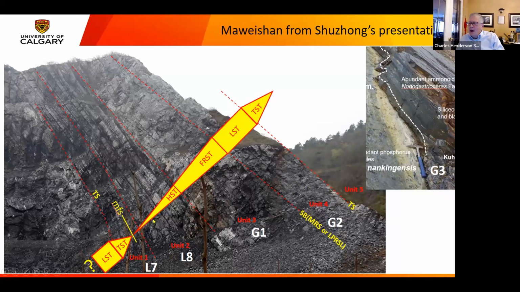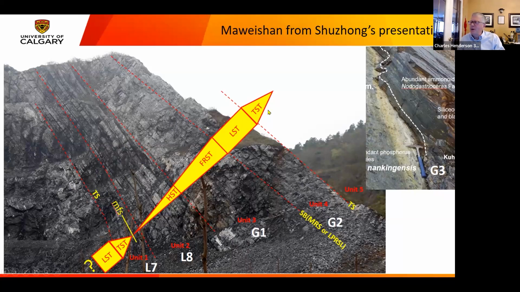And then you can see that this unit is a very interesting unit. This is a unit that you can see that there's some major transgressions. Chuan Fun, who I've known for many years, I think we should sit down and maybe you could move these boundaries just slightly in here, but he's got a lot of jargon in his sequence stratigraphy.